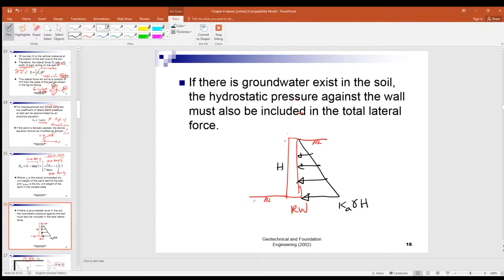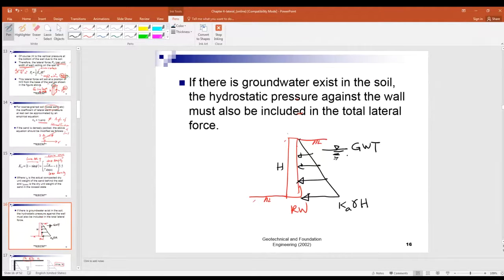But now we have groundwater table, GWT, groundwater table. So not only the soil pressure acting on the wall, but also there is water.